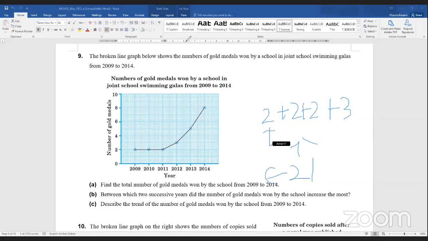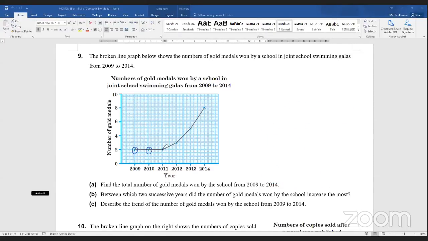First of all, you need to find the total number of gold medals won by school from 2009 to 2014. Yes, you read from here: two, two, two, and then 3, 5, 8. Add all these together, then you should get 22.